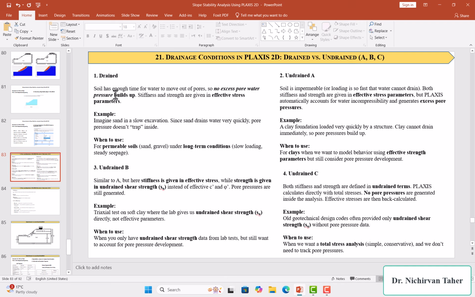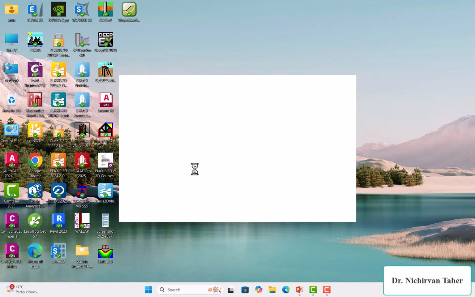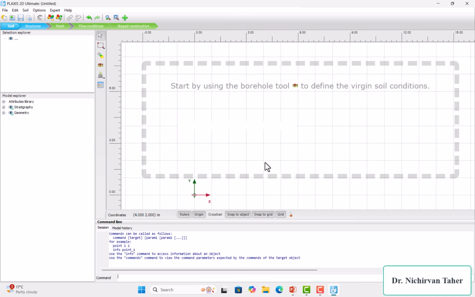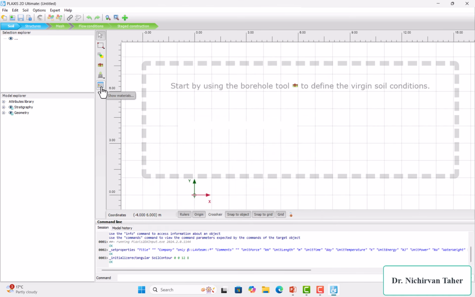First of all, we have the drained condition. In this condition, the stiffness and the strength of the soil are given in effective stress parameters. For example, if I open PLAXIS 2D and click OK, here we have a material.